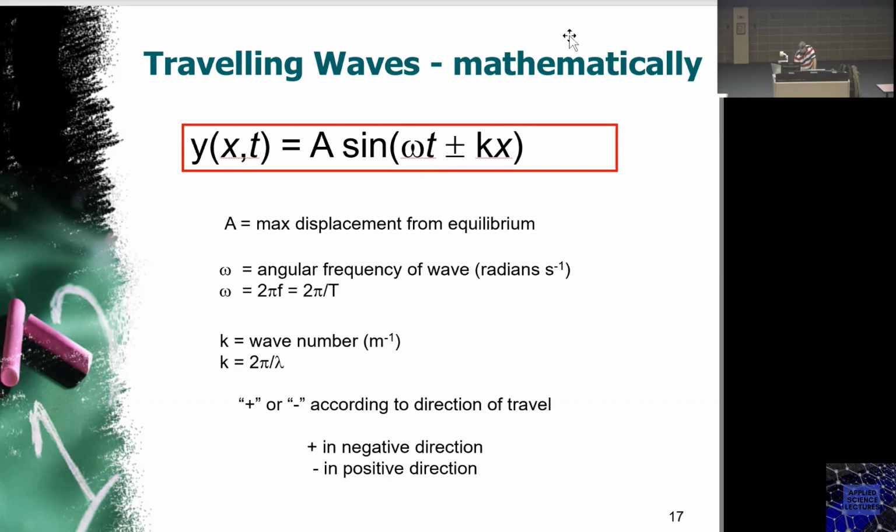Here I have now the wave number, 2 pi over lambda, and the angular frequency, 2 pi over T. This is the function that represents the wave. Again, plus is negative direction propagation. X here represents the direction of the propagation, the x-axis.